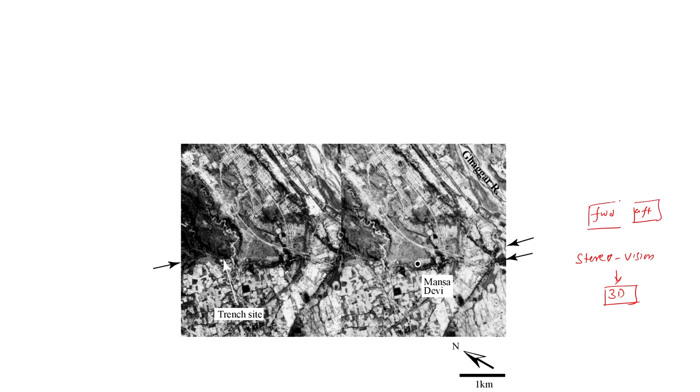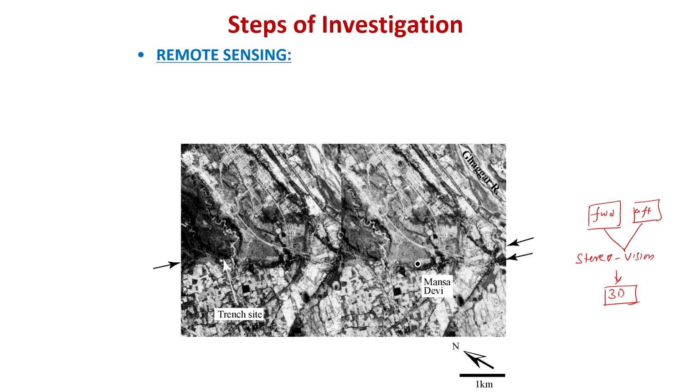So if we have the photographs from these 2 cameras, 2 different photographs of the same area, you can view the terrain in 3 dimensions. This is a typical conventional technique which we used way back, like 20 years back, and still we use.